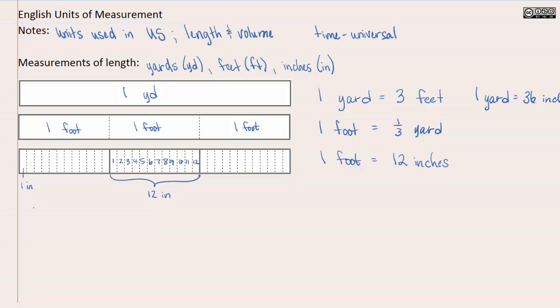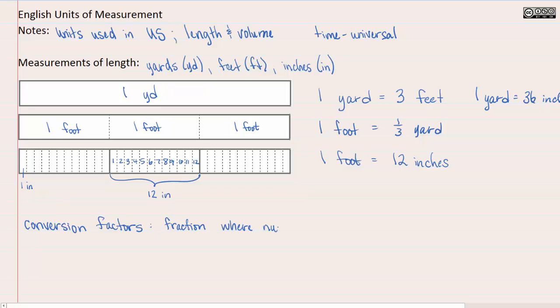Now, conversion factors. A conversion factor is a fraction where the numerator and the denominator are equal.